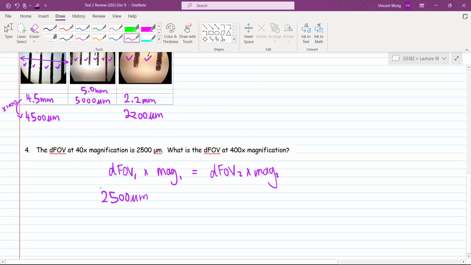Please bring a calculator for the final test. Magnification is 40 times, okay, which equals the new DFOV multiplied by the new magnification.